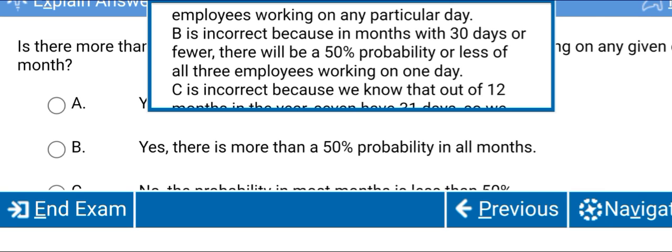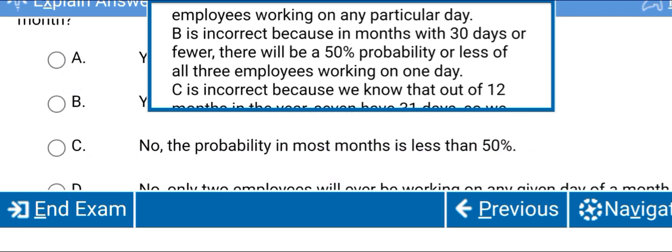Option B is incorrect because in months with 30 days or fewer, there will be a 50% probability or less of all three employees working on one day.